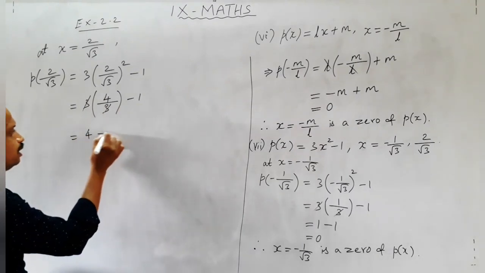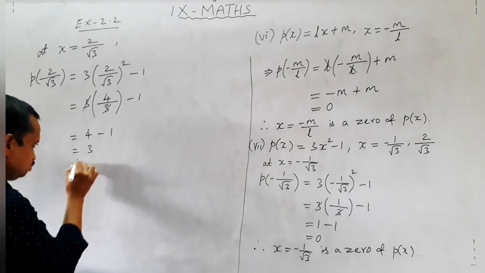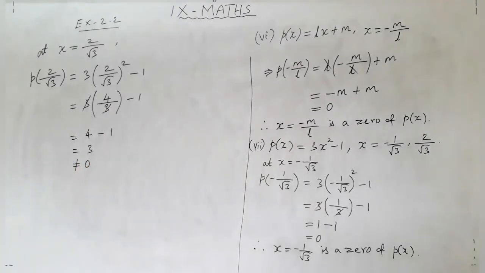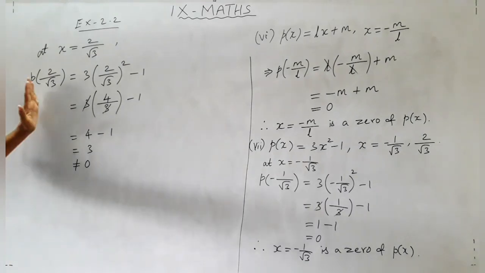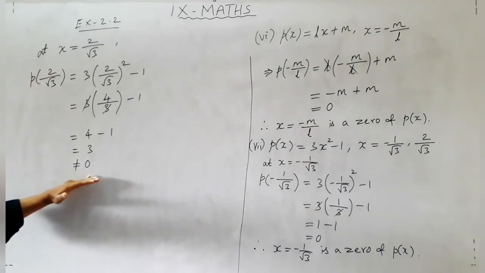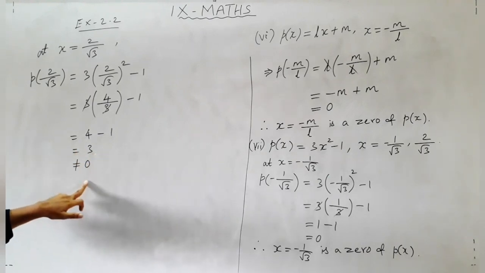So 4 minus 1, which is equal to 3, and this is not equal to 0. This is 3 only, it is not equal to 0. So when x equal to 2 by root 3, the value of the polynomial is not equal to 0. What is the value of the polynomial? 3, which is not equal to 0.